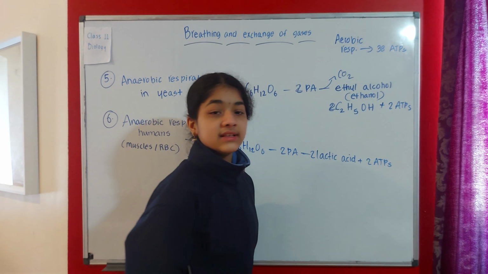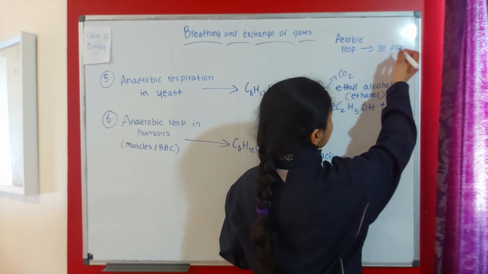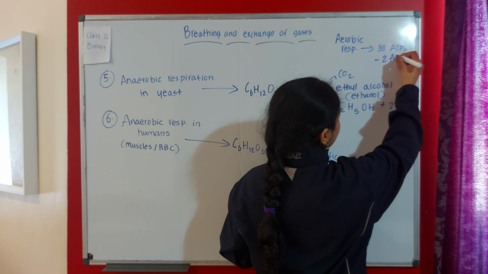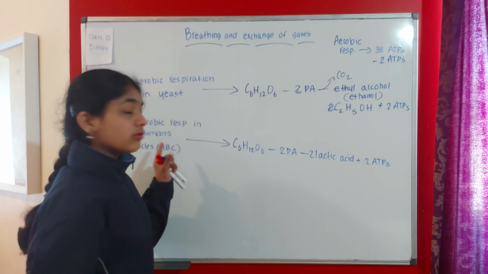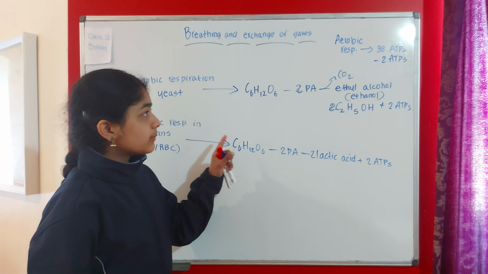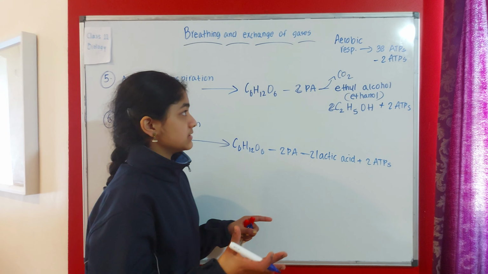Here we have told 38 ATPs. In this 38 ATPs, the 2 ATPs are used up in this reaction. So here 38 ATPs minus 2 ATPs. Why are we writing minus? Because these are used up in the anaerobic respiration process. In aerobic respiration, 38 ATPs are produced.